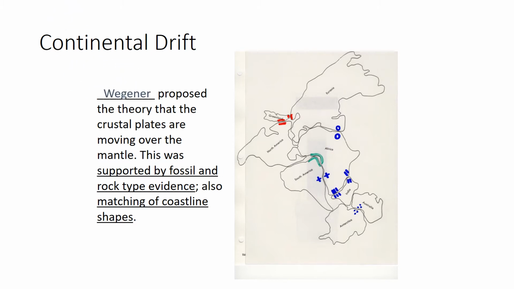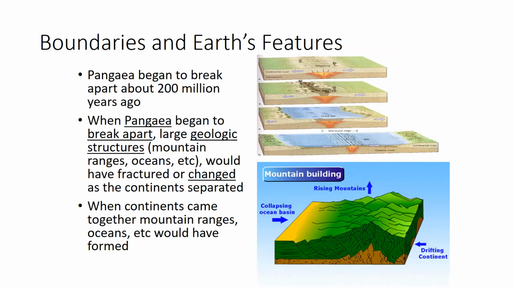He saw that there were animals in the fossil records in South America that were also in Africa. So he proposed that at one point those two places used to touch. Now, boundaries and Earth's features. We believe that Pangea began to break apart about 200 million years ago.